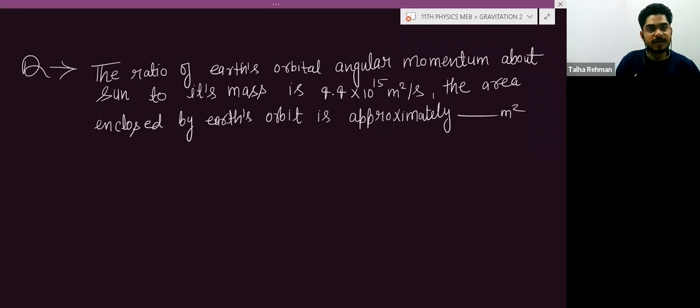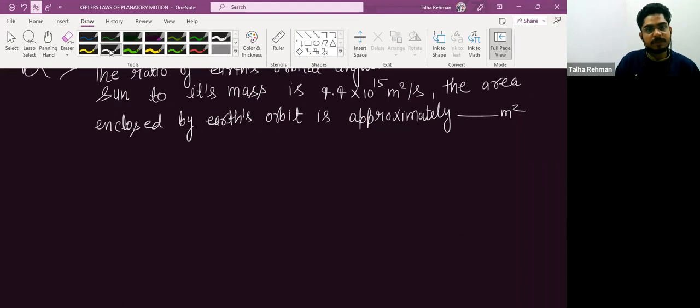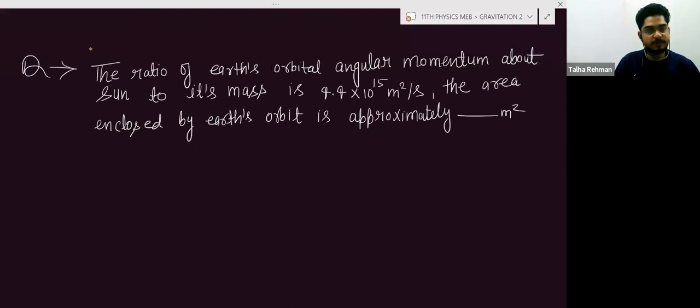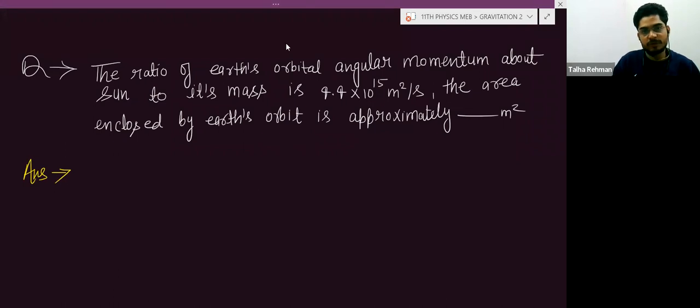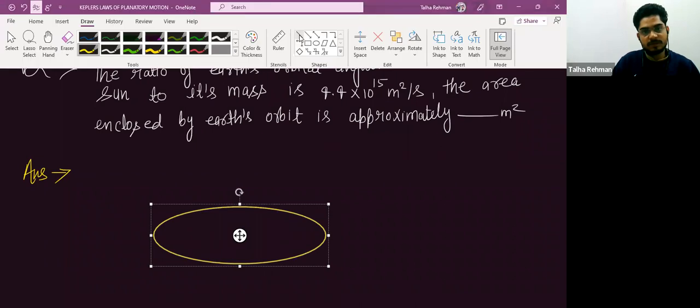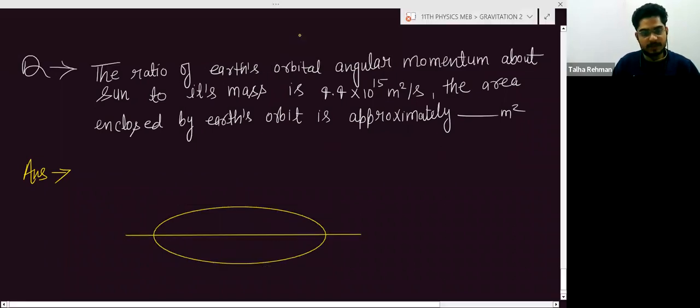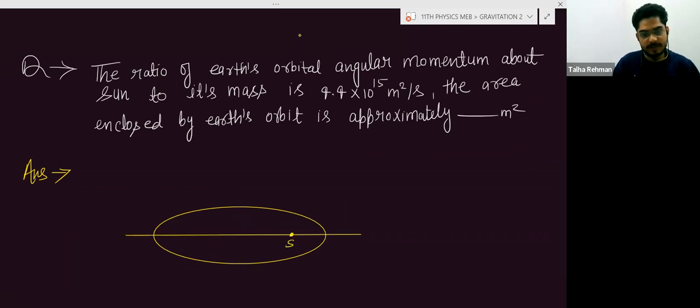We have to find the area swept by the Earth. So what we will do, we will draw the diagram. This is the elliptical path, and somewhere here is Sun. Suppose this is Sun and this is Earth.